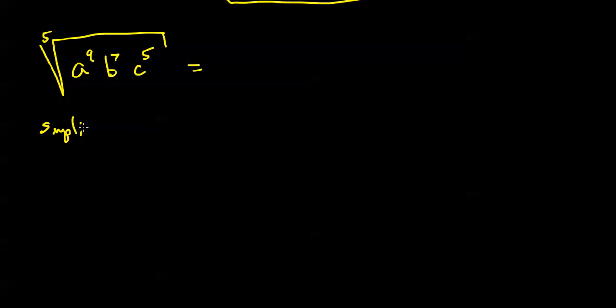I'm going to do one more today, and this is in the upper reaches of the homework assignment. Alright, I'm going to ask us to simplify the above radical expression.